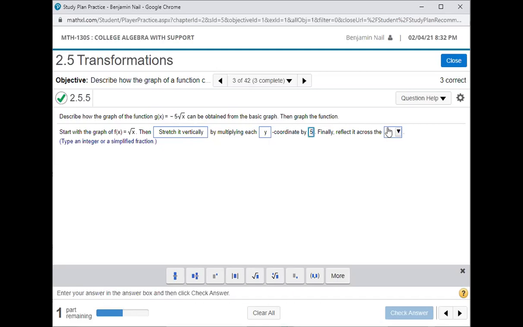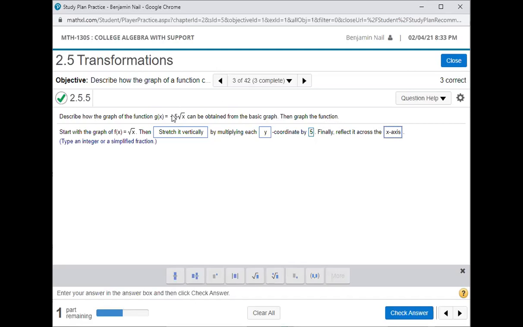And then the negative is going to take it and flip it over the x axis. Will the negative always flip it? Yeah, always. And it always flips it over the x. Your a value will always stretch. If it's a fraction, it'll shrink it. If it's a whole number, it'll stretch it. It always multiplies to the y.